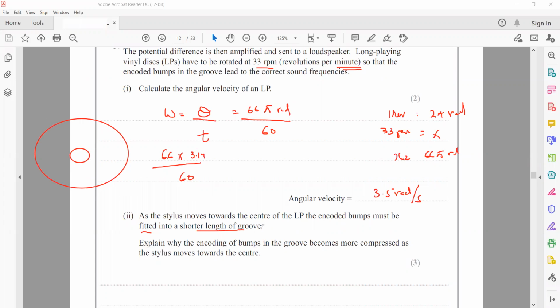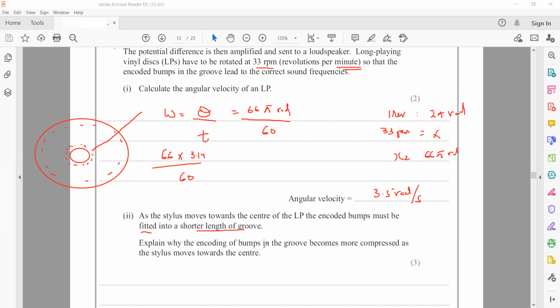What they're saying is, as the stylus moves toward the center of the LP, the stylus means this part which is placed on this disc, the grooves which are there, the encoded bumps must be fitted into a shorter length of groove, compared to when the stylus is moving away from the center.